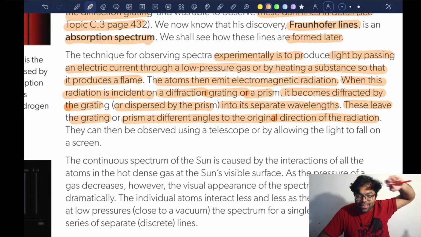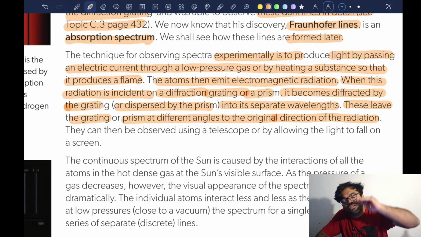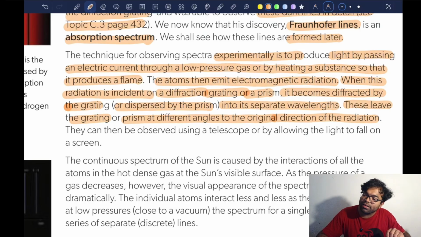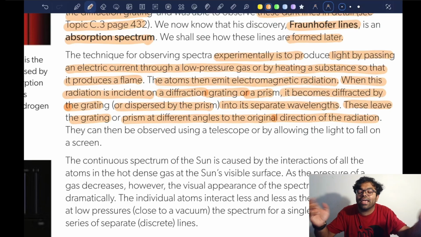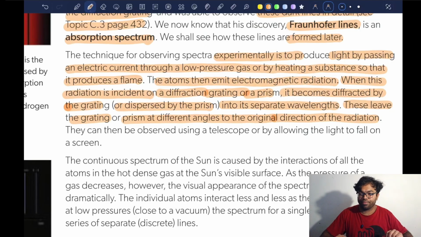Okay, they were in the excited state, but they could not remain in that excited state for a long time. So what did they do? They came back to their initial ground state. But to come back to their initial ground state, they had to release the energy that they had absorbed. And the only way the atom knows how to release the energy is in the form of radiation.